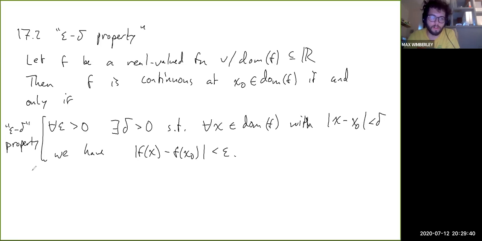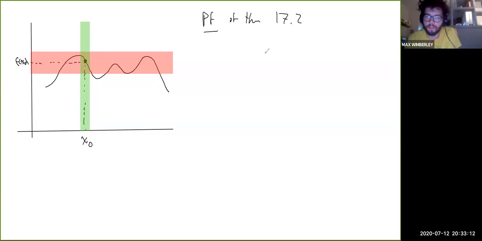In fact, I'm going to take a minute or two to draw a little sketch. So this is an if and only if type statement, so there are two directions to go, all right? One of the directions is somewhat easier.